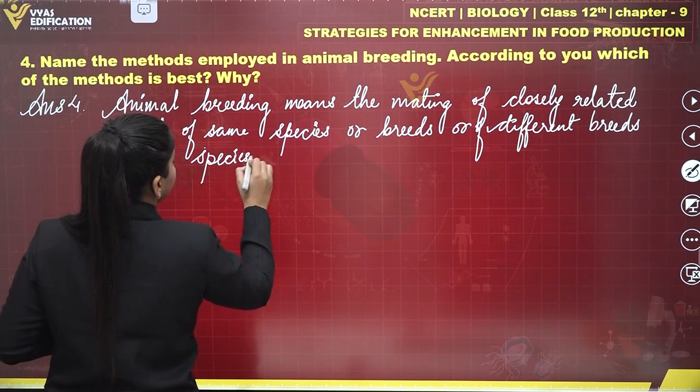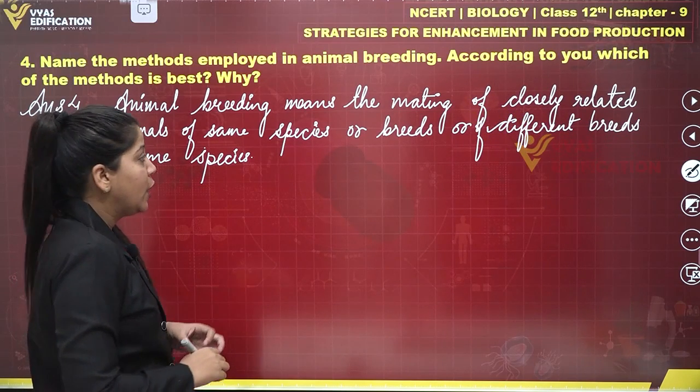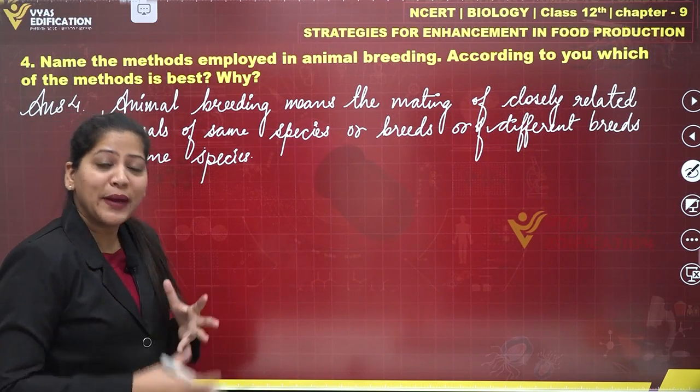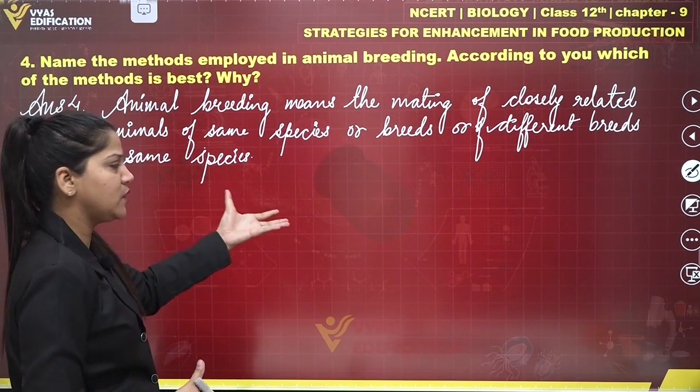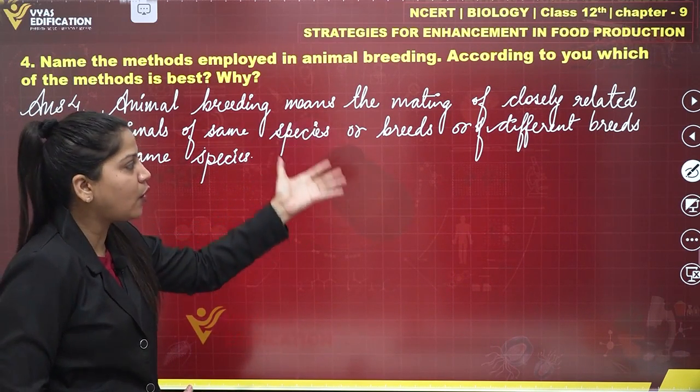In animal breeding, the species should be the same, right? So animal breeding is the mating of closely related animals of same species or of same breed, or of different breeds of same species.